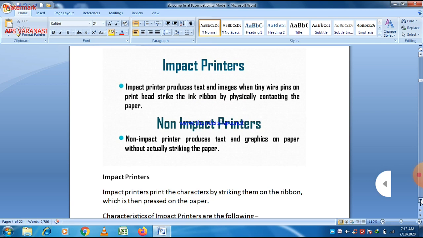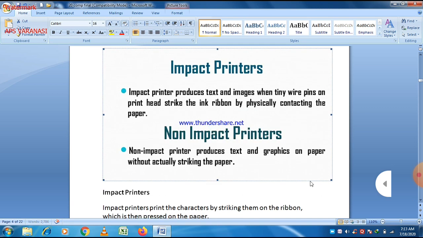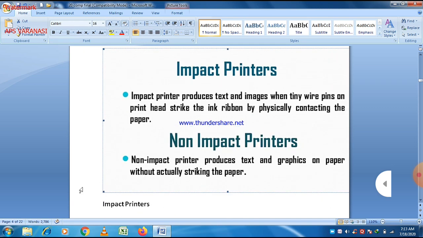Impact printer produces text and images when tiny wire pins on the print head strike the ink ribbon by physically contacting the paper. And non-impact printer produces text and graphics on paper without actually striking the paper. So there is no striking on paper in case of non-impact printer, while there is a regular strike on paper in impact printer.